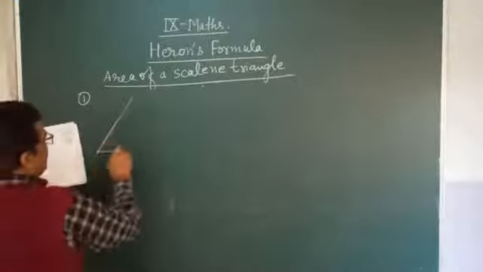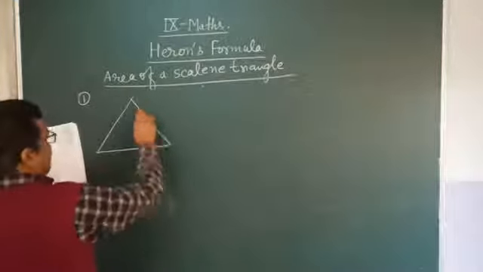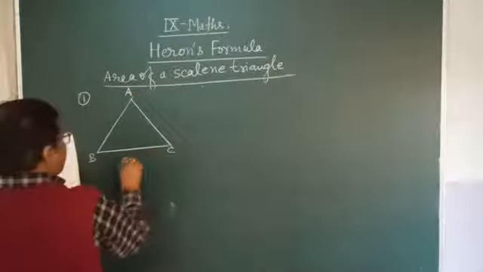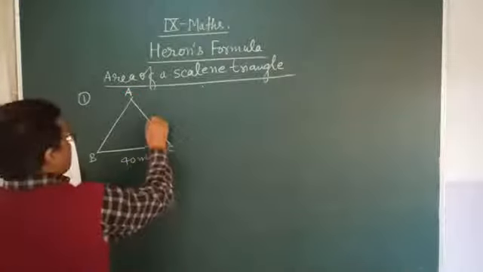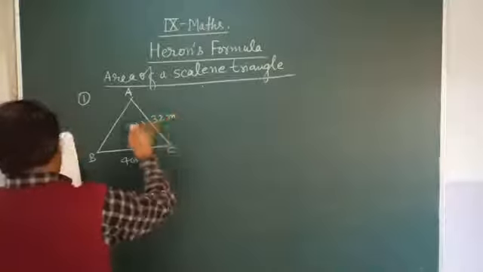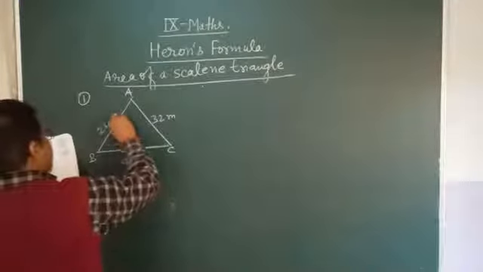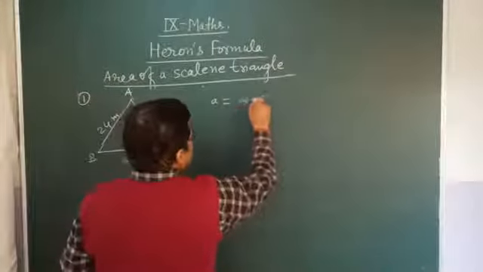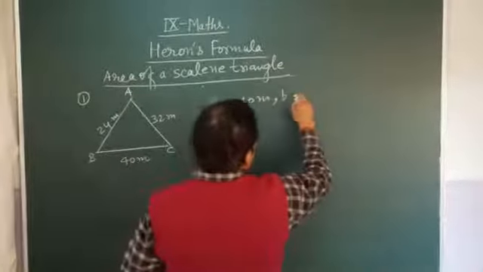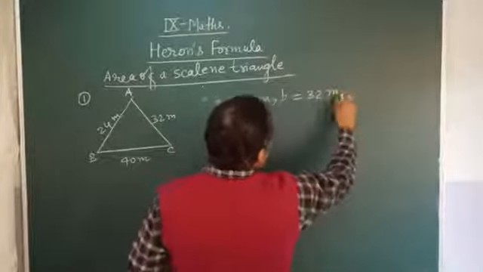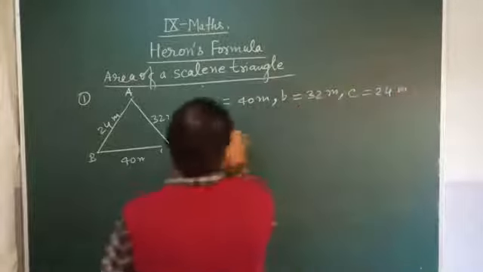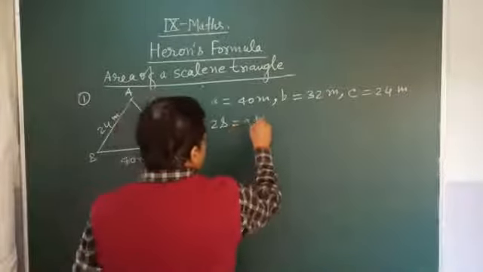We mention here a triangle. Its sides are 40 meter, 32 meter and 24 meter. Here we have a equal to 40 meter, b equal to 32 meter and c equal to 24 meter. 2s is equal to a plus b plus c.